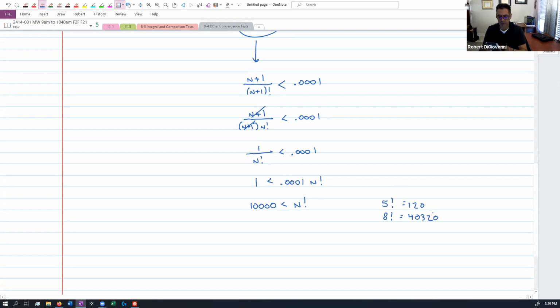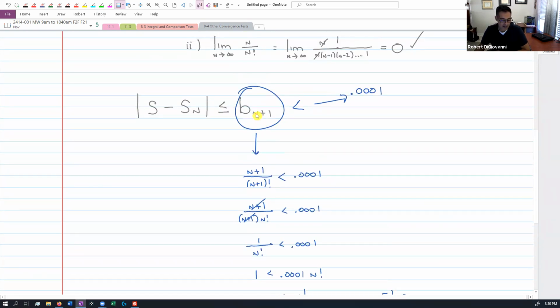How about 7 factorial? Okay, so 7 factorial is only 5040. So that doesn't seem big enough. So we would need our n factorial to be 8 factorial, which means that n would have to be 8 for this to work.